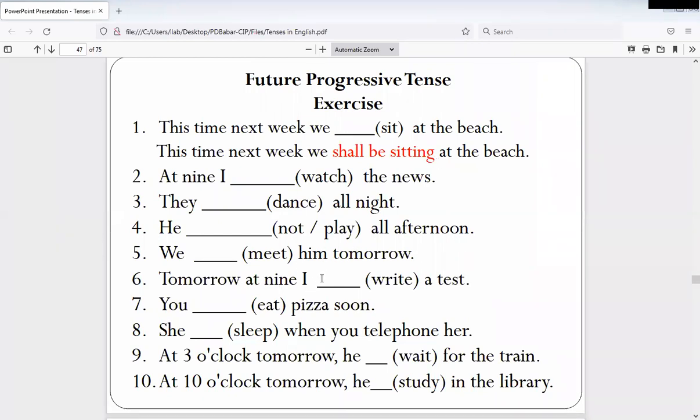What will be the verb here? Tomorrow at 9 I shall be writing a test.